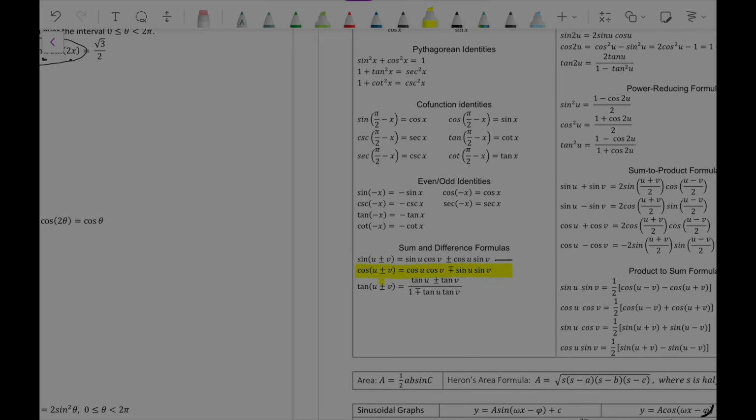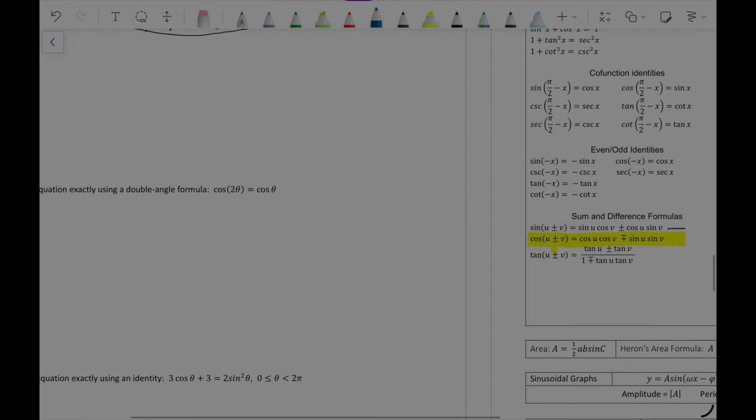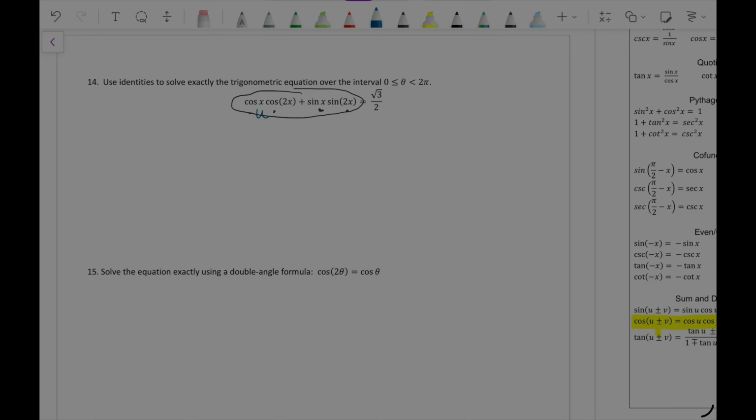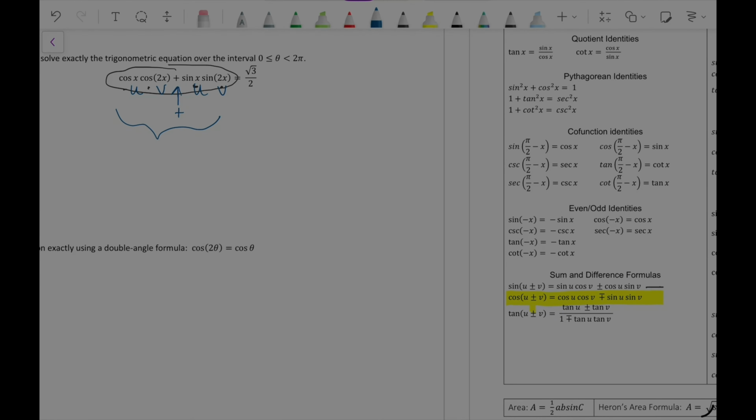Now, we'll talk about the plus and the minus, right? We have to reevaluate that. U and V, U and V. So this is a U, this is a V, this is a U, this is a V. There's a plus sign here. So when we condense this, if this is a plus sign here, that means that's a minus sign here.